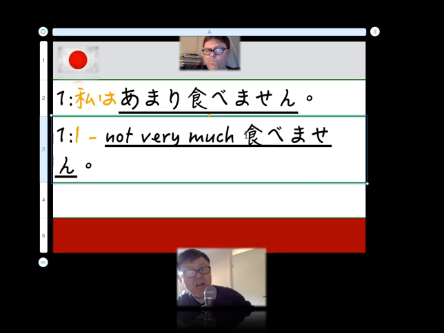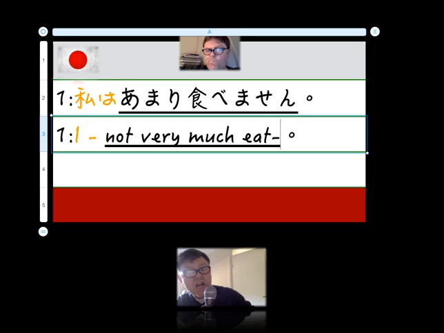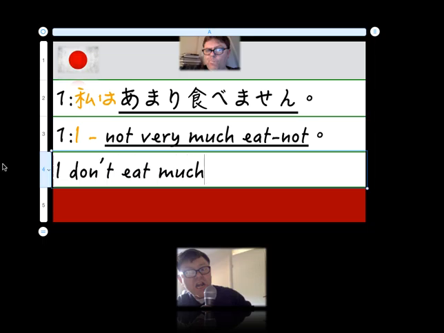Okay, and then eat, literally eat not. Tabemasen, eat, it's the negative version of it. Let's put eat not there. So, putting it into better English, I don't eat much. Okay, let's put this down here. So I don't eat much. Okay, watashi wa amari tabemasen.